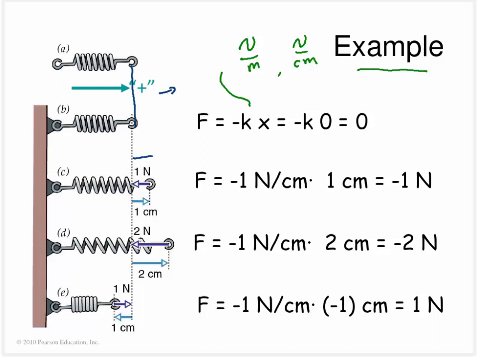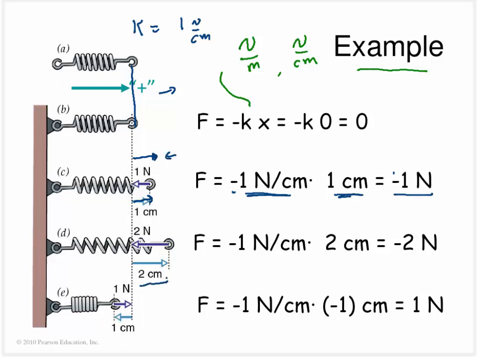So right over here, I've stretched this spring, and let's just for the sake of argument say that the spring constant is 1 newton per centimeter, and here I've stretched it by 1 centimeter. So the force is negative k times x, so it's going to be negative 1 newton. And again, all that negative sign means is that the force is in that direction.